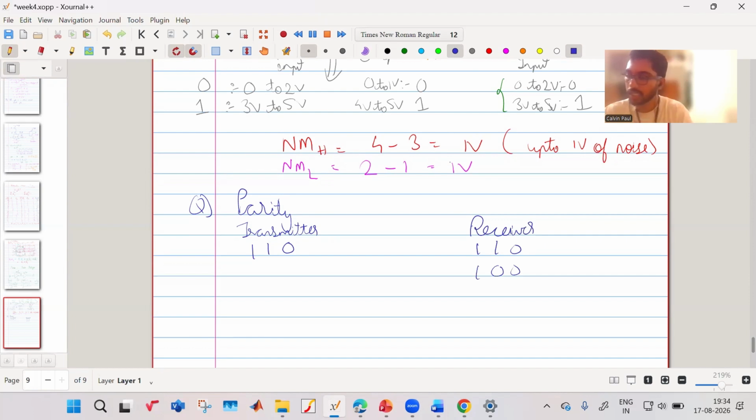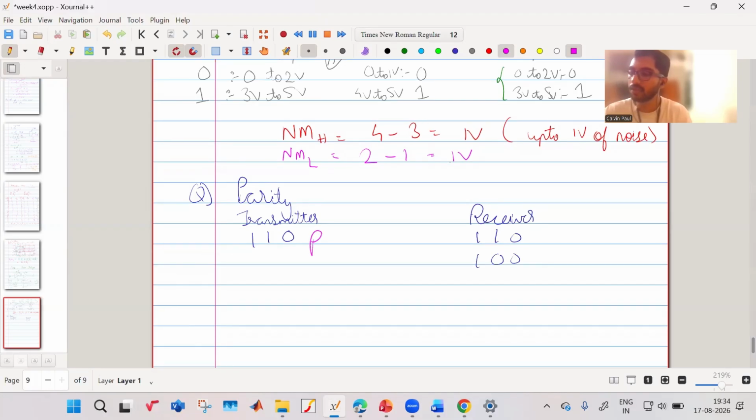So what they add is an extra bit known as a parity bit. You can add a bit 0. So at the receiver, you should ideally get 1100, but you got 1000.